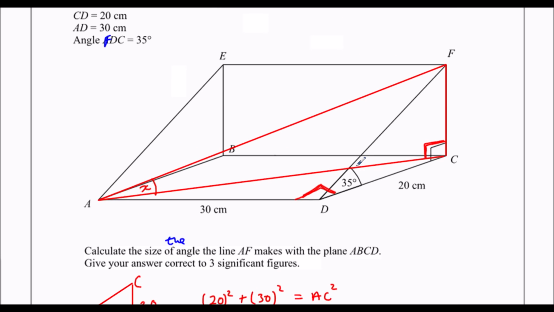So we know A to C now. We can also use this 35 degrees and this triangle CDF to find CF.